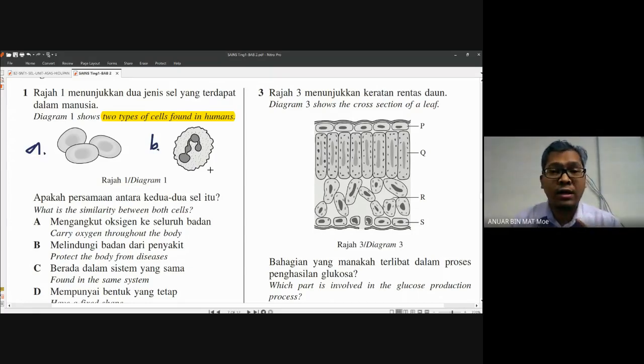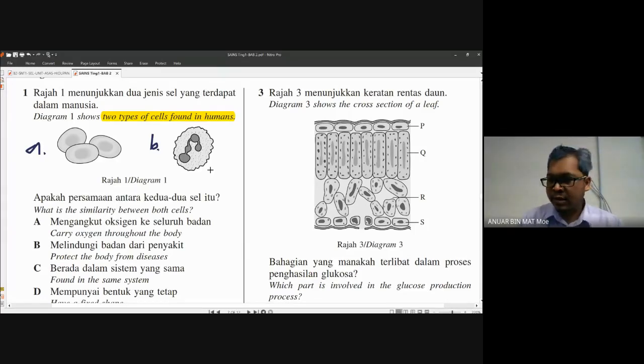That's why you need to understand, identify the shape, and then sometimes the color, and then the size of the cell. Okay, because the question is like this. Sometimes the question will just give you the picture. You must be able to give the name of the picture.